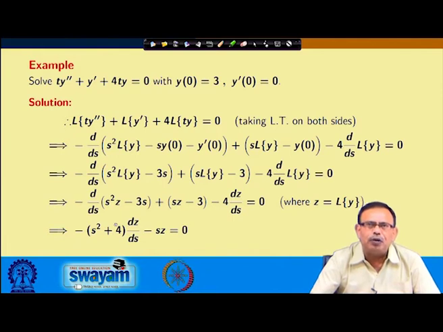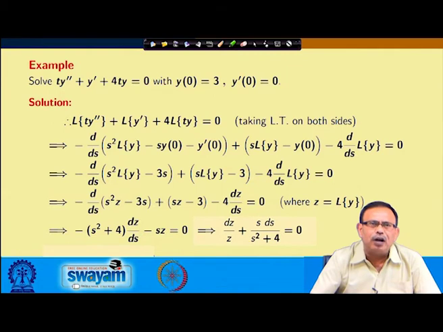Initially we said that whenever I take an ODE, then using Laplace transform I will convert it into an algebraic equation. But when you have terms like t y double dash, t y dash, t y, then after taking the Laplace transform the ODE is converted into a first order ODE; one order is being reduced in this case. Please note this one.